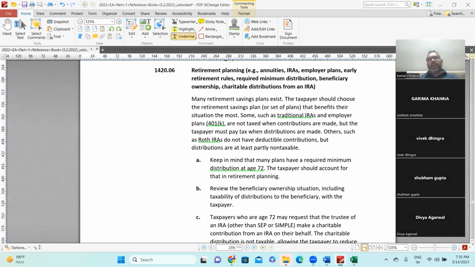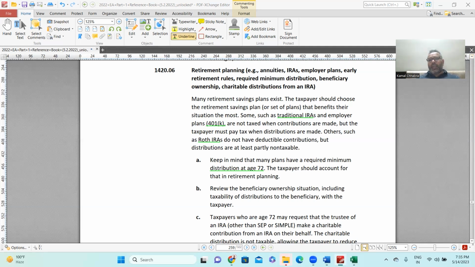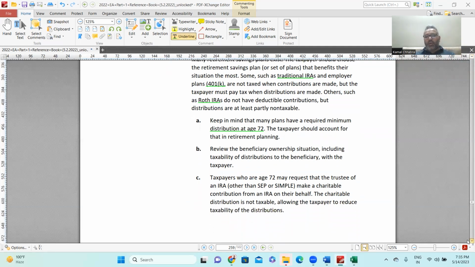You need to keep in mind the distribution age, and some of the plans have 59 and a half as the age. Those things you need to keep in mind for when the individual would need the money. Accordingly, you choose the plan. Second important thing, review the beneficiary ownership situation, including taxability of the distribution to the beneficiary, and when these amounts are taxable at distribution.